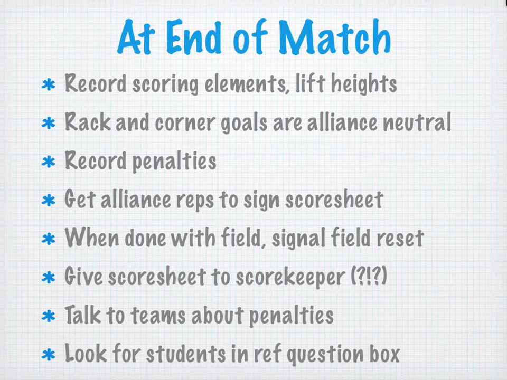Ultimately, the head ref is the final authority. So if there's a disagreement on how something is interpreted or scored, even if they don't agree with you, the head ref gets to make the final choice, and their signature on the paper just means that they understand what the head ref did. So we're not giving authority to the students to tell you how to score.